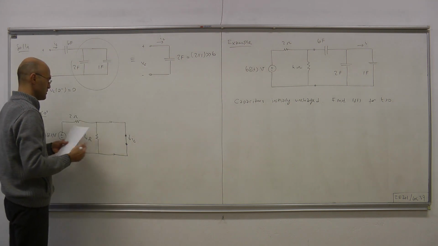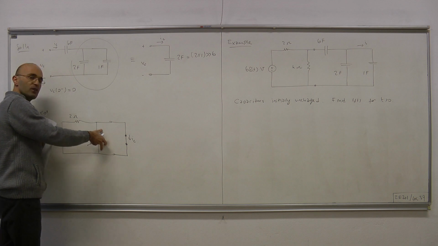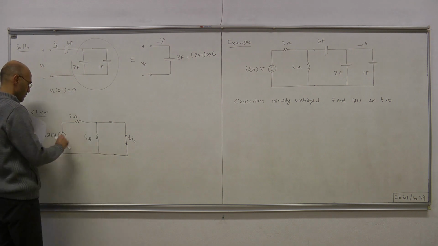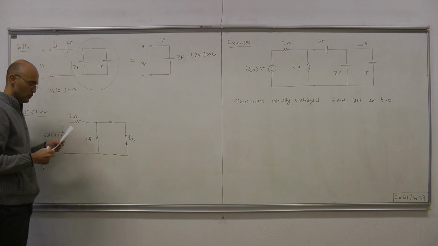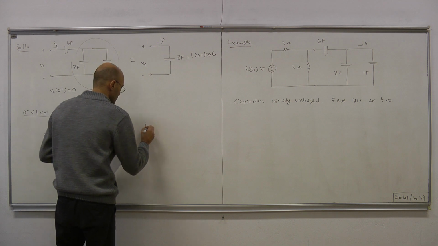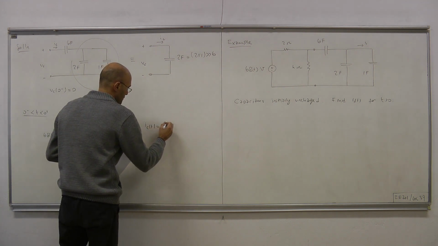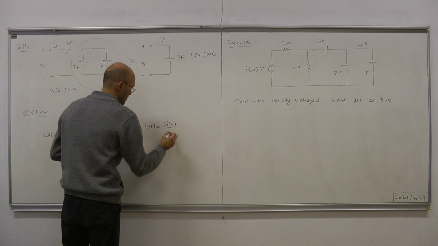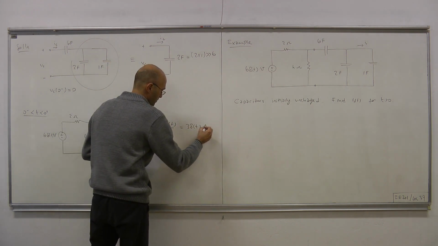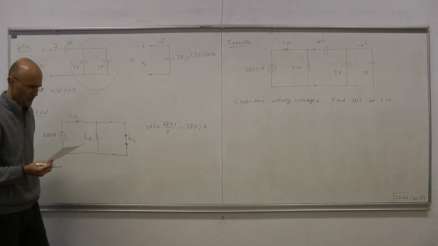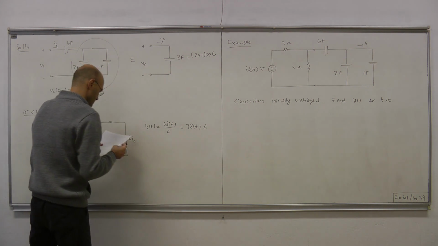Now, since this is a short circuit, clearly this 4 ohm has no effect, and therefore the current IC is the current flowing over this 2 ohm resistor, which is 6 delta T over 2 ohms, and that's 3 delta T amps. That's our IC.